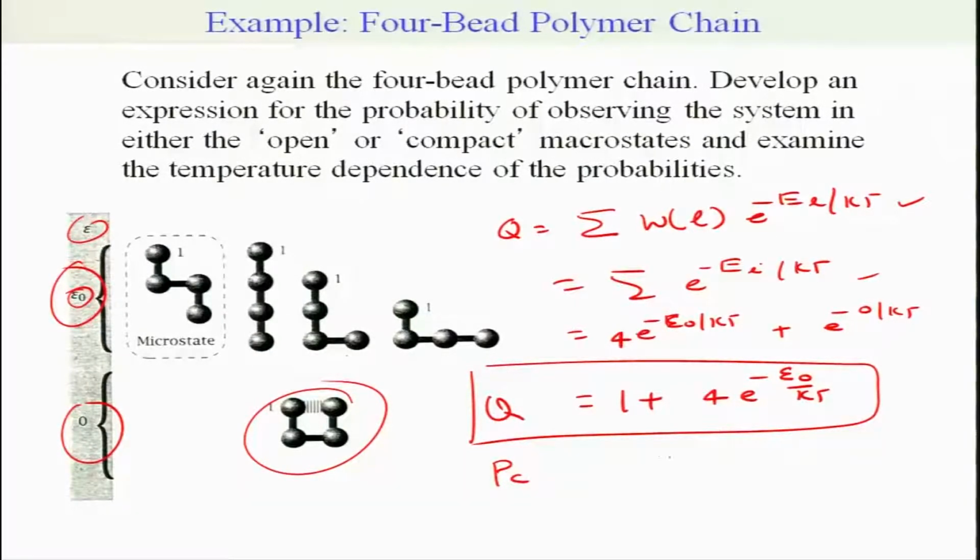Now, the next question would be what is the probability that the system is in the compact state? That will be e to the power minus 0 by k T divided by Q, or 1 by Q. What about for the open state?